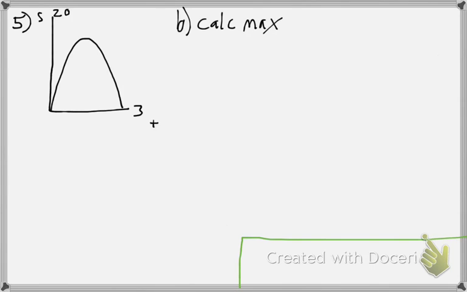Okay, so a calc maximum is going to get me 0.9375 and then 14.0625. Now, what they ask for specifically is how high does the rock go?